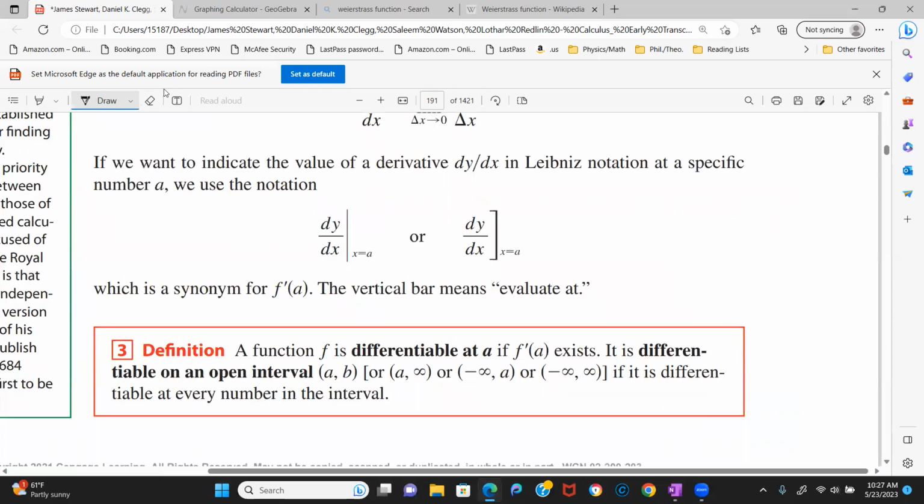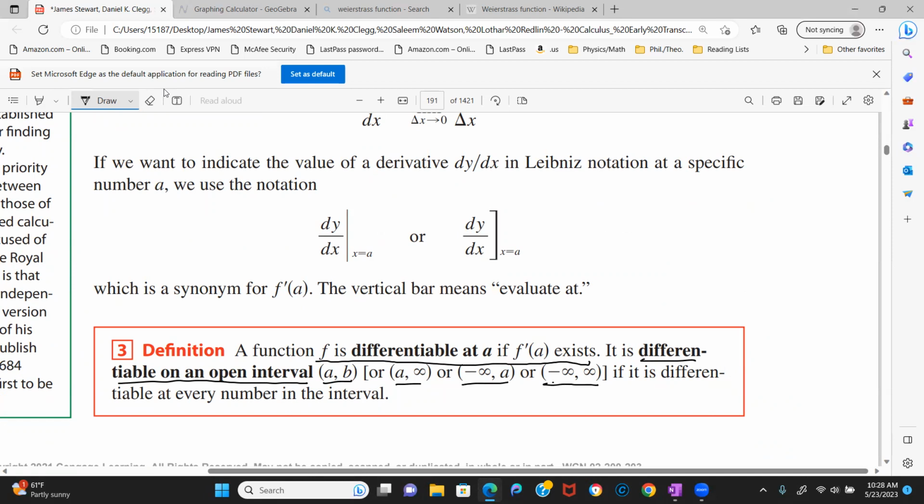All right, so we've talked about differentiability at a point. A function is differentiable at a just means that f prime of a exists, which we've already mentioned. And then you can talk about differentiability on an open interval or open set, like (a, b), or a to infinity, or negative infinity to a, or just the whole real line.